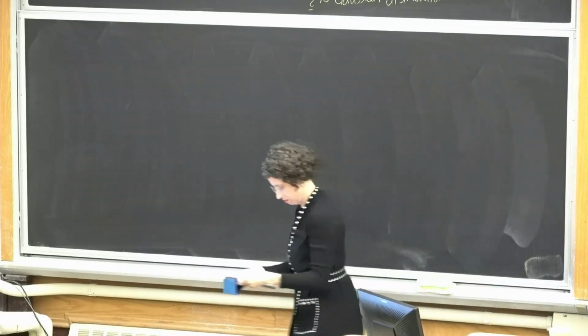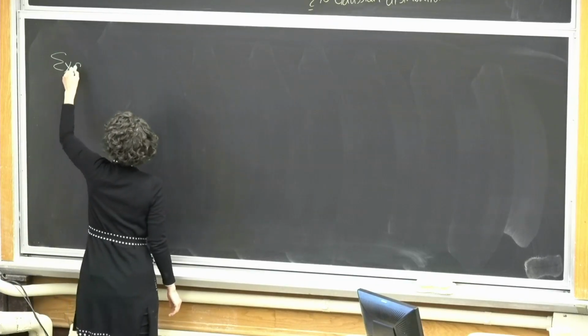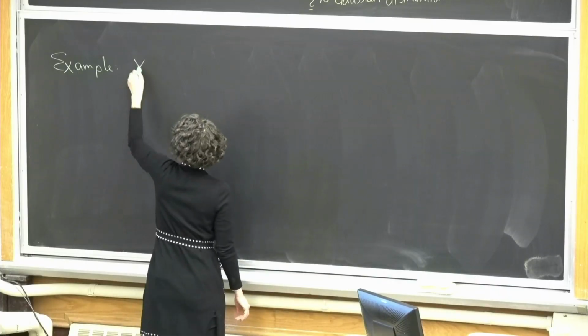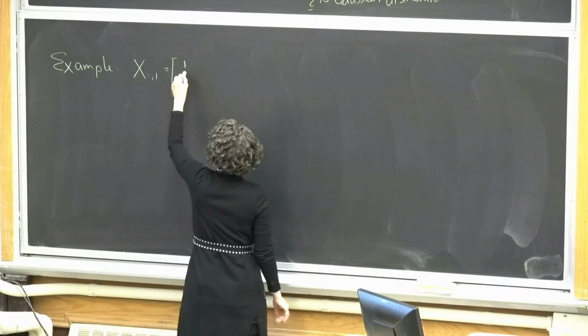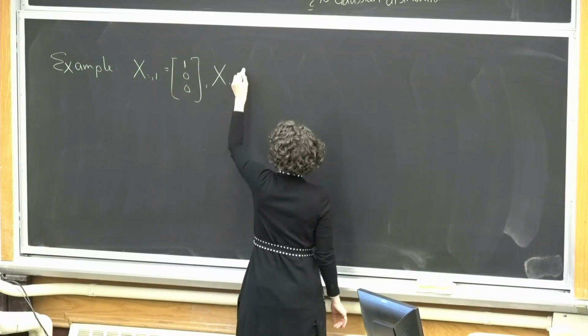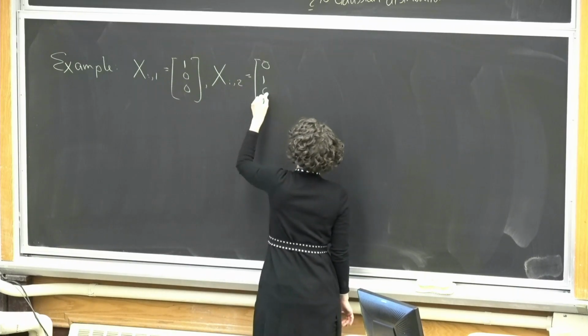Okay, so in particular, in this example, imagine that my x colon 1 is equal to 1, 0, 0, and x colon 2 is equal to 0, 1, 0.